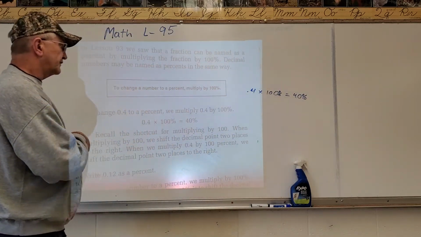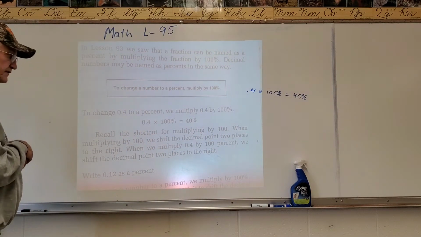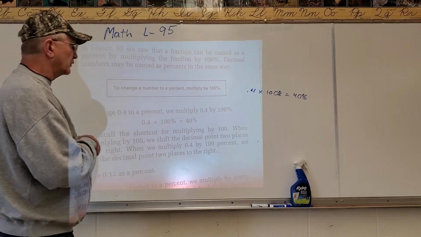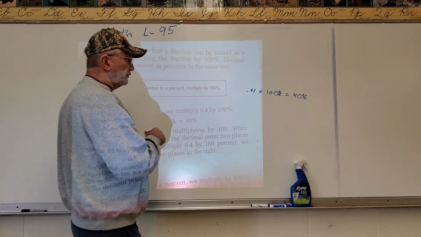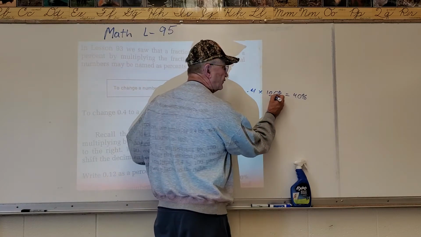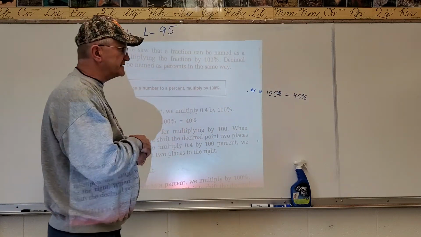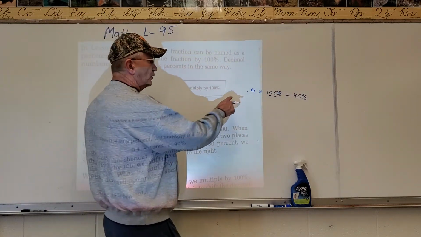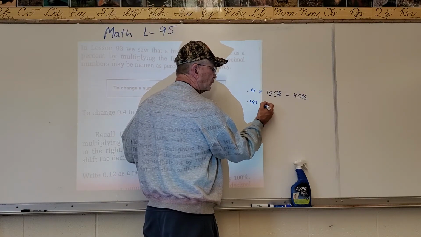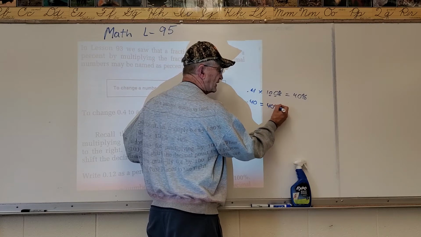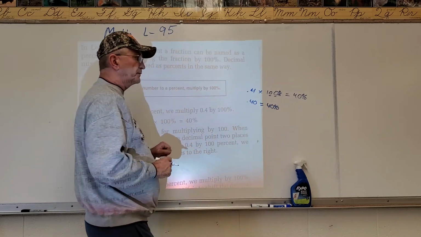But what may be simpler for you is, if you remember, I said you have to have 2 decimal places for a percent. So 0.4 is the same as 0.40, which equals 40%, because I have to have 2 decimal places for a percent.